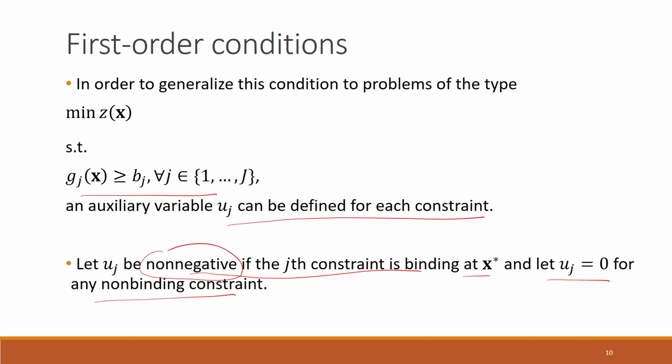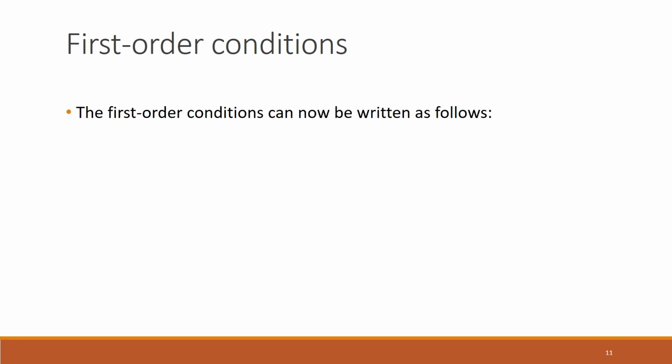So, the first order conditions can now be written as follows. This is the first condition that we saw, that the gradient of z will be a linear combination of the gradients of the binding constraints. When we were focusing on the single variable case, we had come up with this kind of condition, but from a different perspective.